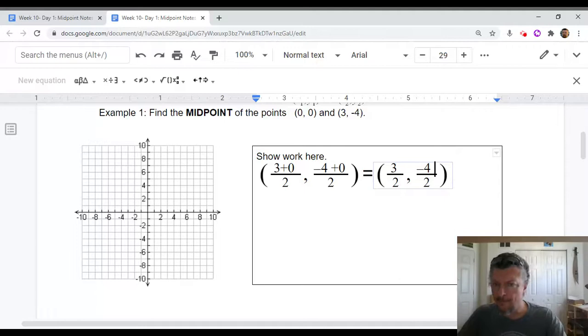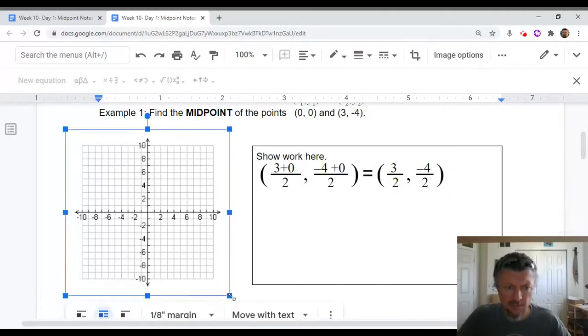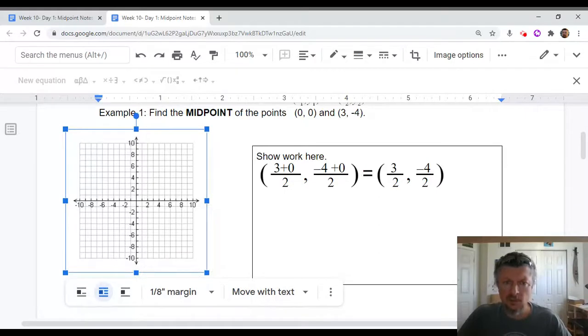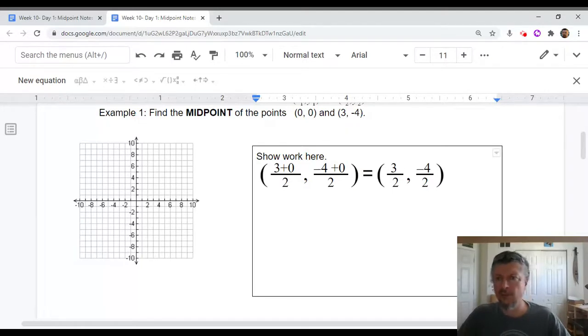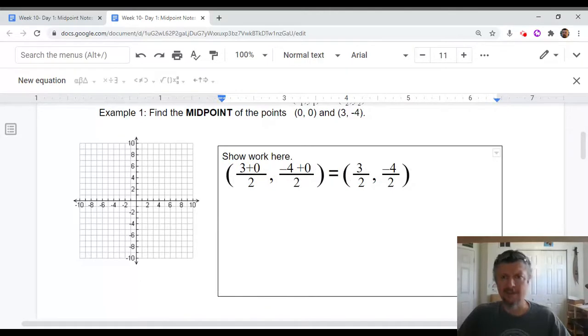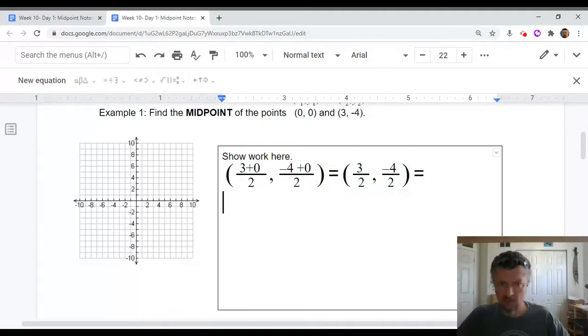I'm kind of running out of room here. Let me slide this over a little bit. Okay, there we go. So now we have some space. You could just put the equals here. Put it below. There we go.